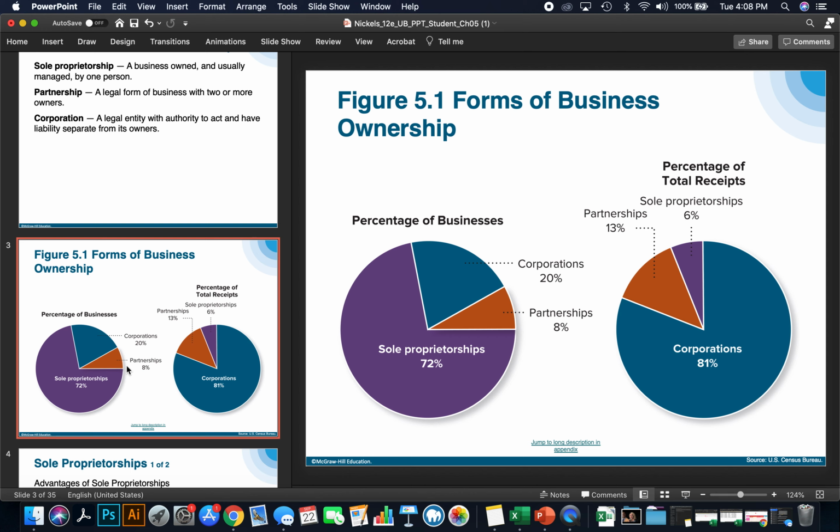However, in relationship to total revenue, corporations make up the most, and sole proprietorships make up the least. So you can tell that the pure number of businesses in our country are small businesses, but yet they account for only 6% of the total amount of revenue earned in the United States. Pretty interesting, huh?